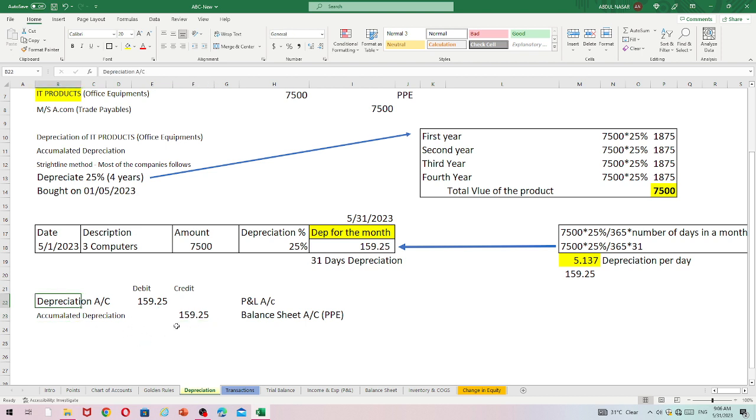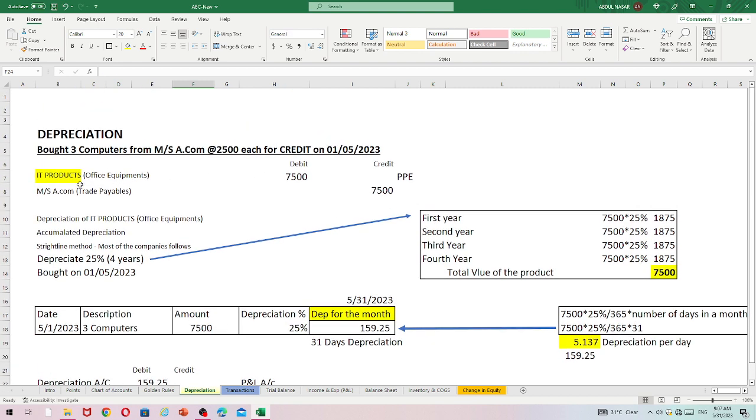So at the end of the fourth year, in the balance sheet, what will be the value of the accumulated depreciation of these three computers? It will be 7500 credit here, and the asset account will be there intact with the 7500 debit, right?